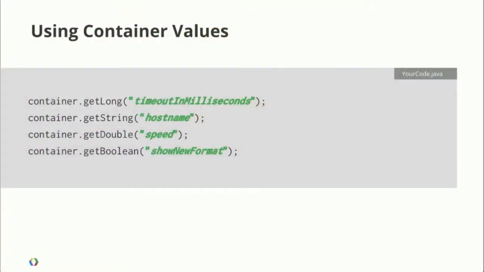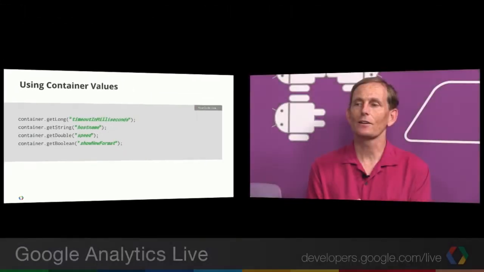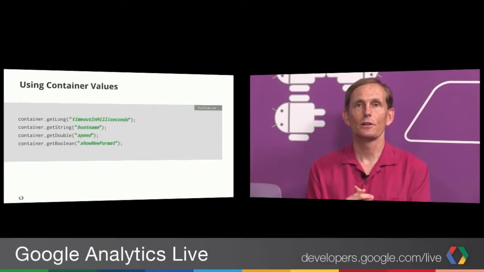Once you have a container, there are 4 basic calls. You can get long, get string, get double, or get Boolean. You provide a string, and it gives you back something of the same type. So if you have specified, for instance, your timeout for talking to a backend host, timeout in milliseconds, call container.getLong, and that'll return that value.